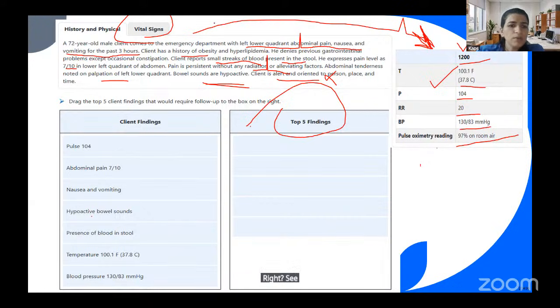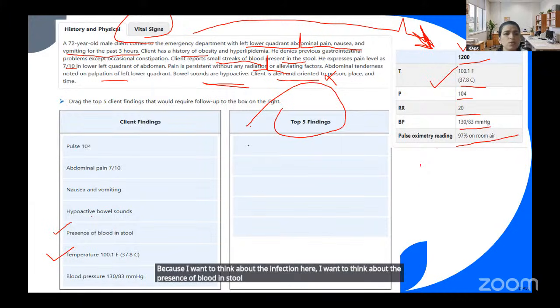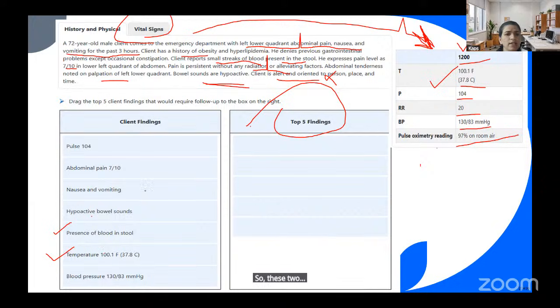See, what I'm going to do is I'm just going to look at the list. Pick that answer first, which you don't want to break down, right? I'm going to pick these ones for sure first because I want to think about the infection here. I want to think about the presence of blood in stool, right? So these two, and then after that, the patient is still in pain, right? So I want to think about this one too.